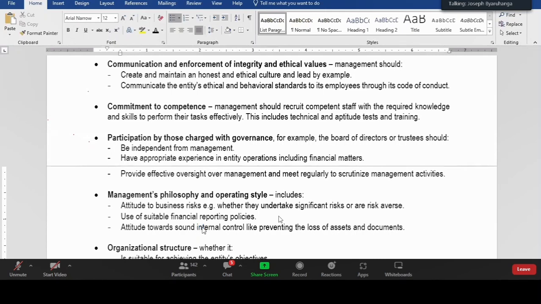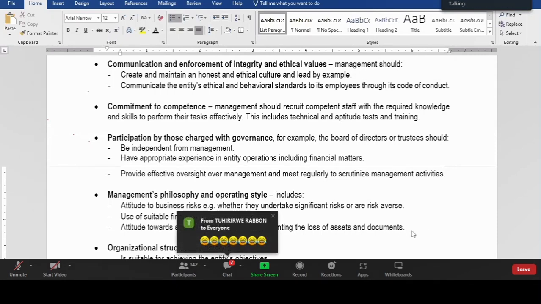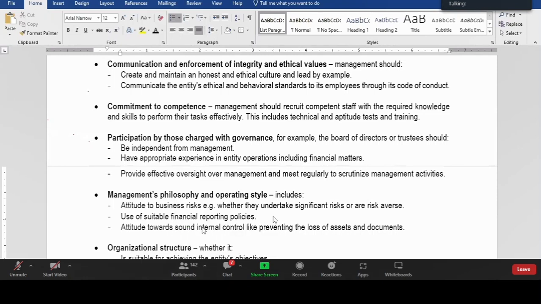Remember one time there was a bank. Every bank, as we said in topic one, is supposed to have internal audit. The issue was the MD was told you must establish internal audit. The MD said we don't need internal auditors because we have good managers.